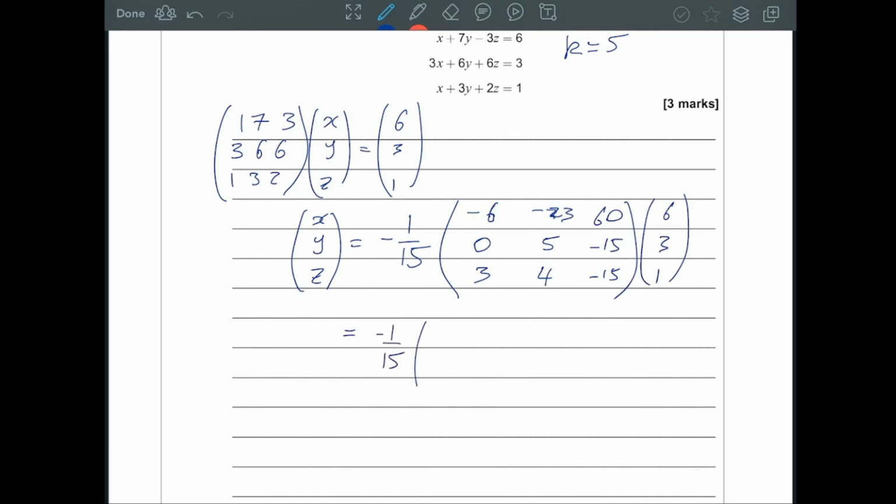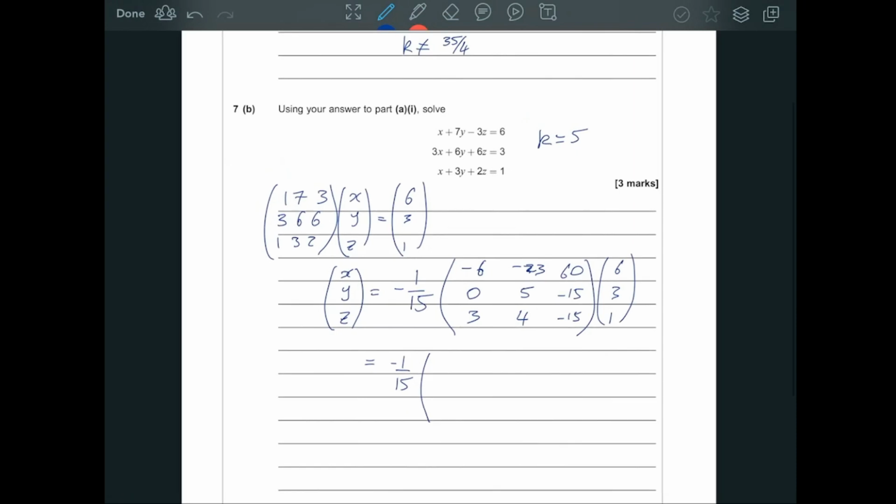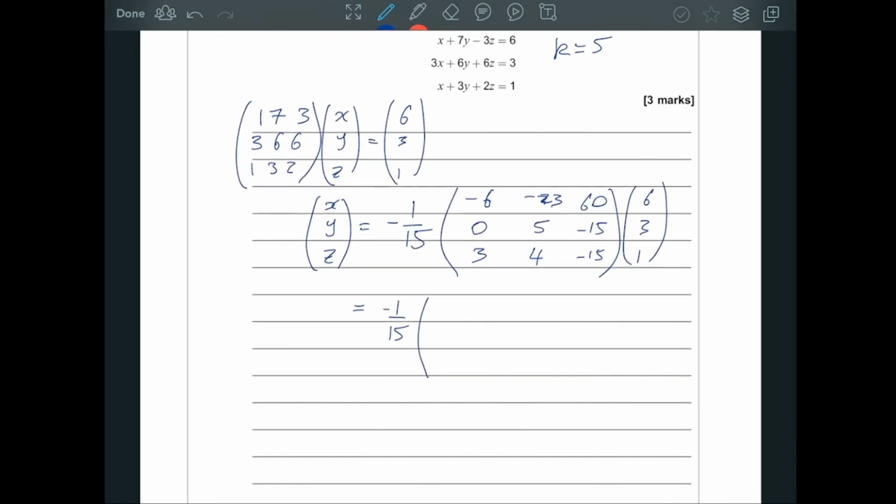Now again, you can do this multiplication, or at least check this multiplication, in your calculators. So my top row, I'm getting negative 36, negative 69 plus 60, which is minus 9, that's going to be minus 45.